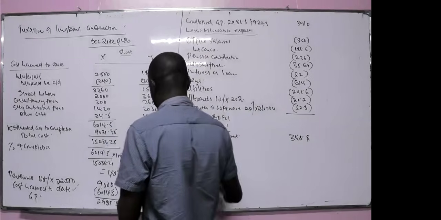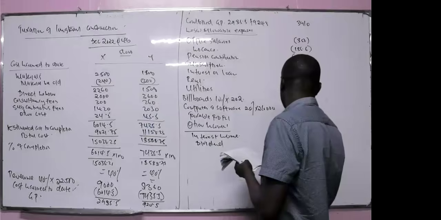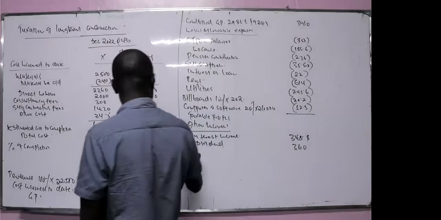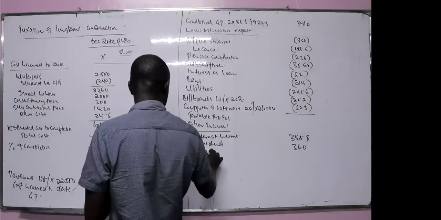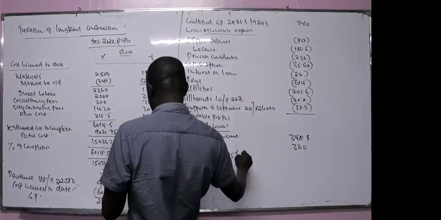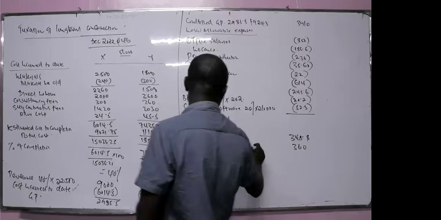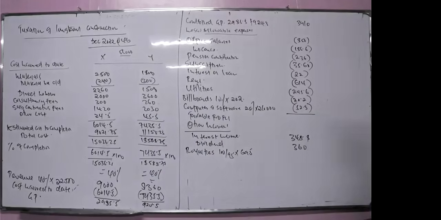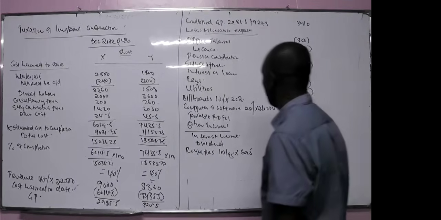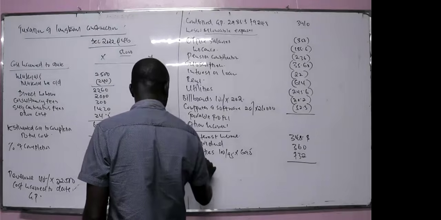Dividend income, 360. And then royalties, you gross it, isn't it? So it's going to be 100 over times 695. 732. Then here we get the total taxable income.